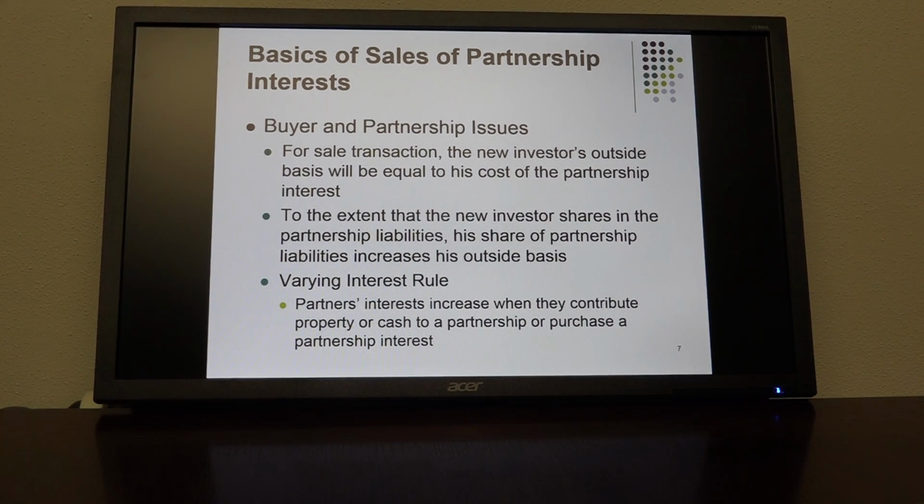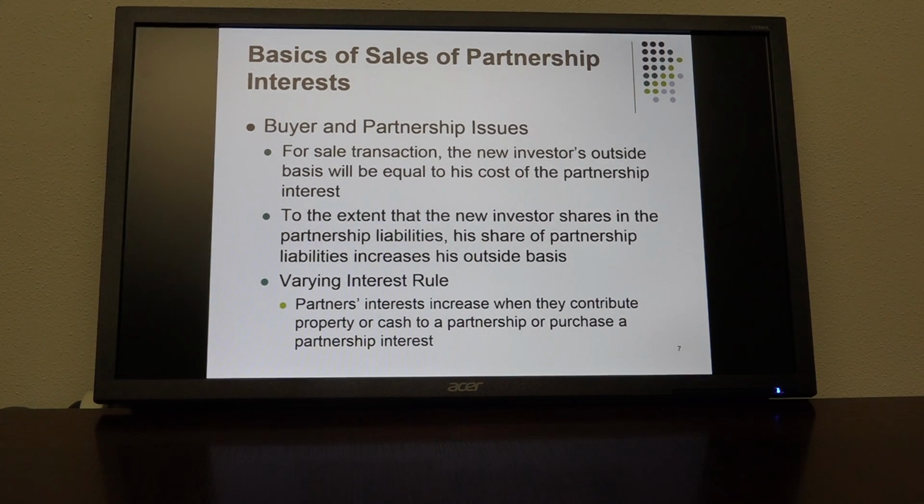So you have to essentially bring up to date the books in that year that the partner sells his interest. So you have two ways of doing this: they can prorate the selling partner's interest in the partnership income or loss during the year based upon some prorated amount.